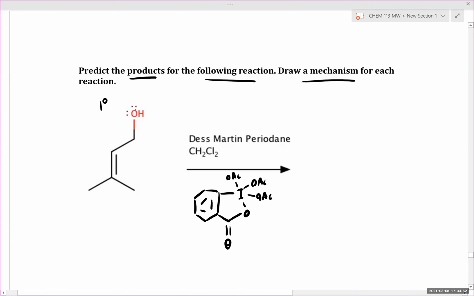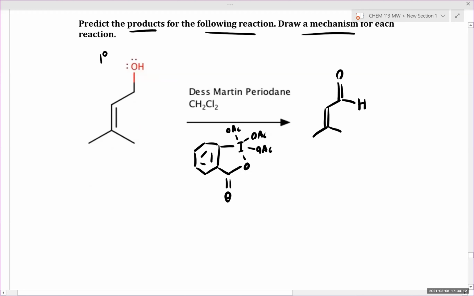Okay, so we have an idea about what's going to happen, and we have an idea that we would be able to isolate the following aldehyde from this primary alcohol. However, we have to be able to justify our predicted product, and we have to draw a mechanism that shows the conversion of our reactant to product.